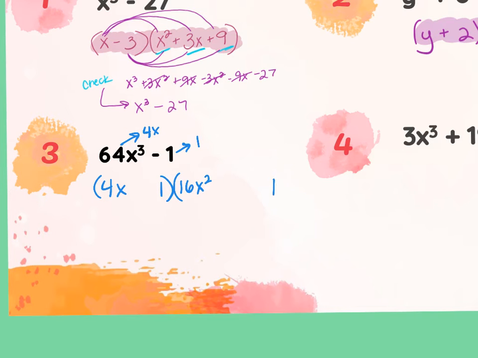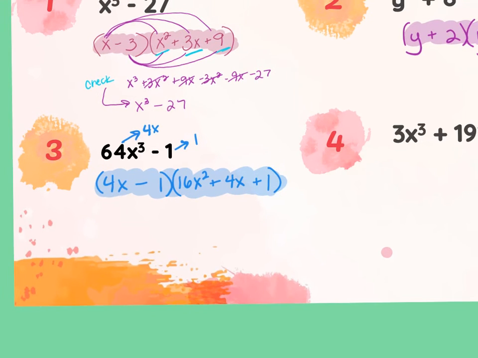Square 1, I get 1. Multiply the 4x and the 1 together. And then do your signs. Same, opposite, positive. Questions on that one?